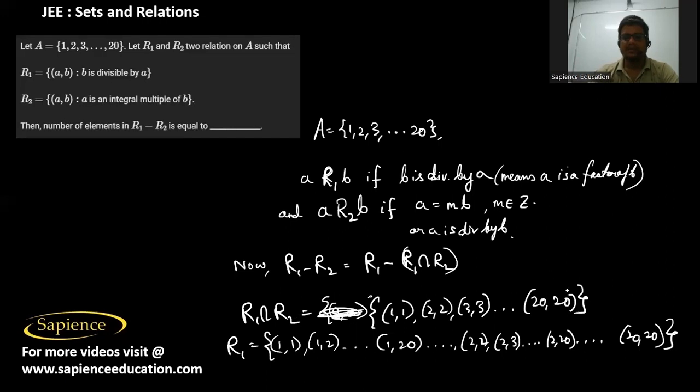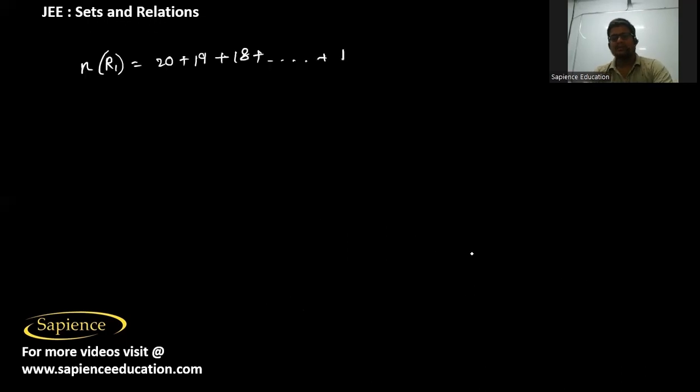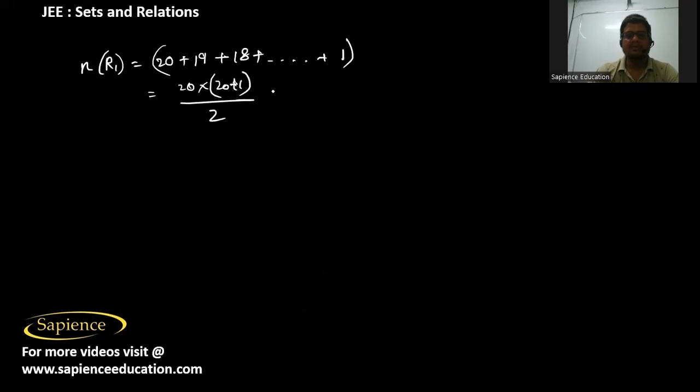And R1 intersection R2 has 20 ordered pairs. So therefore n of R1 is equal to the sum of all the natural numbers from 1 to 20. So it will be n into n plus 1 by 2, that is 20 into 21 by 2, that is equal to 210. And the number of elements in the relation R1 intersection R2 is equal to 20.